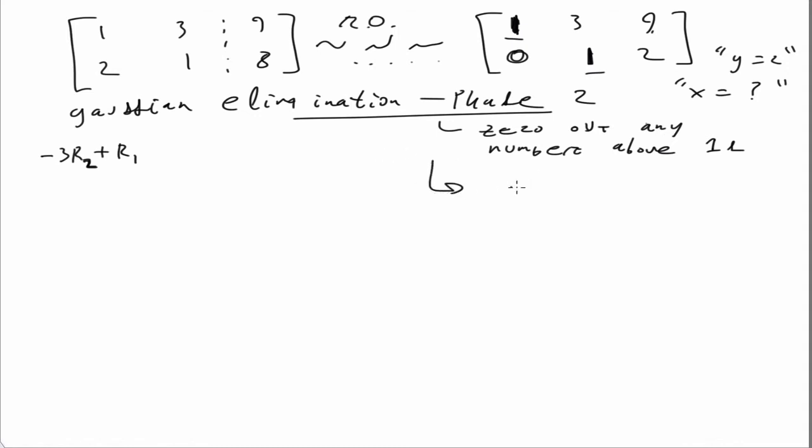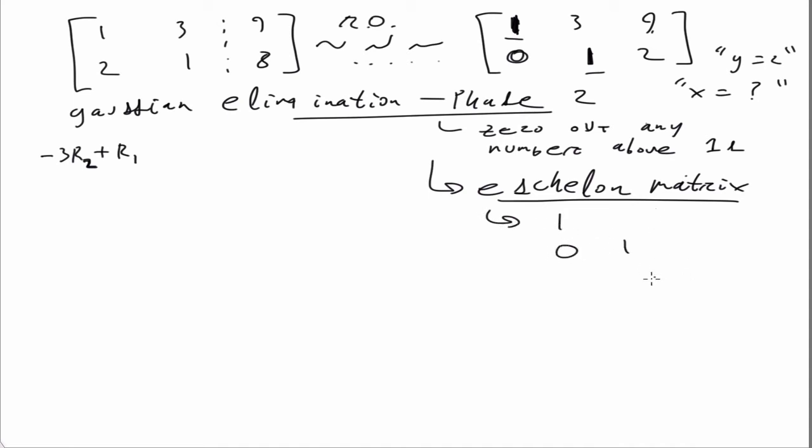So what we call this is an echelon matrix. An echelon matrix is any matrix that has this form where there's zeros below. It could have more than that, and there's some other numbers here, A, B, and C. That's an echelon matrix, okay?